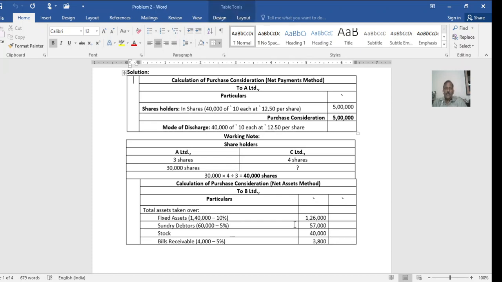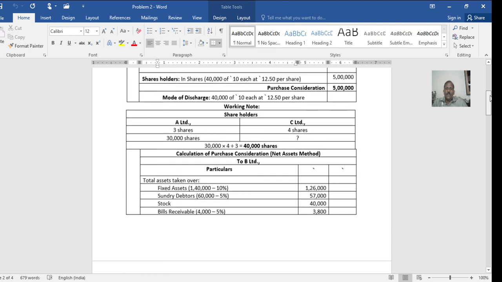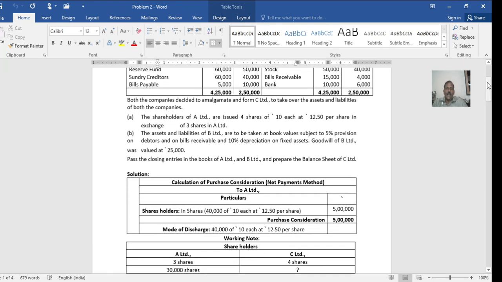Then in case of B Limited, you can't follow the net payment method, so it should be the net asset method like the previous problem. Total assets taken over: fixed assets at 10% deduction, sundry debtors with 5% provision, stock at book value, and bills receivable. It is given that assets and liabilities of B Limited are to be taken over at book value subject to a 5% provision on debtors and bills receivable.